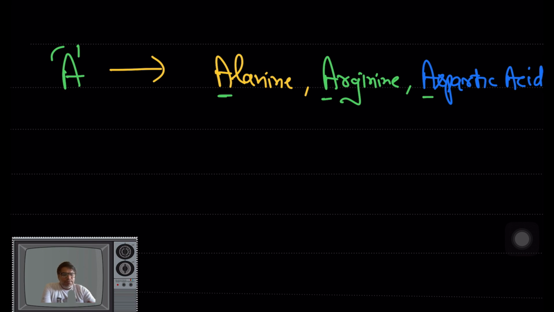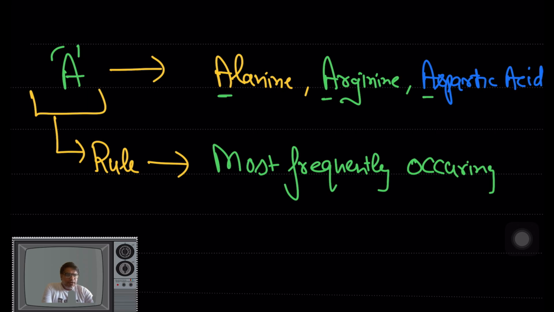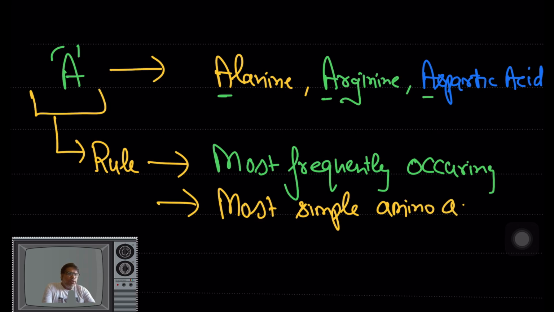Now, there is a rule. What is that rule? As per that rule, the most frequently occurring amino acid, and second, the most simple amino acid, will be assigned that letter.